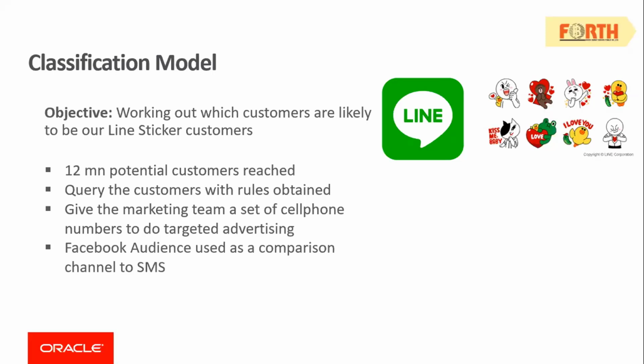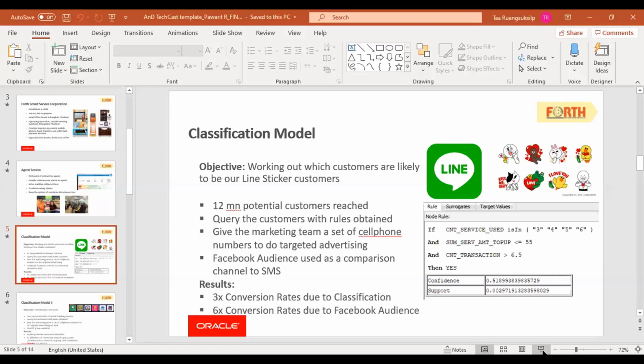They're not happy spending $1 or $2 on emoticons when they can get many for free. So with the classification model, we are able to increase the conversion rates. I'm going to show in the next few slides how we do it.